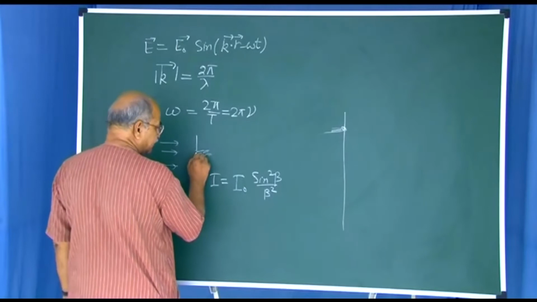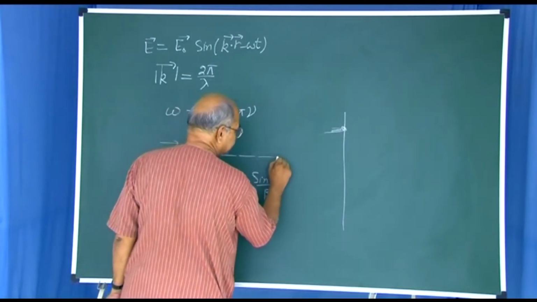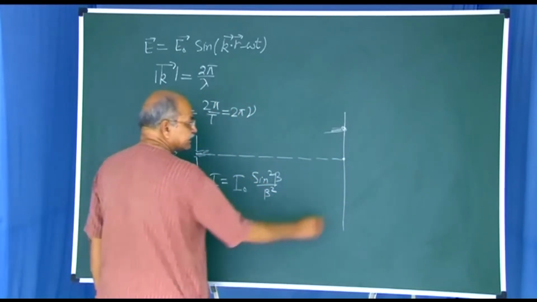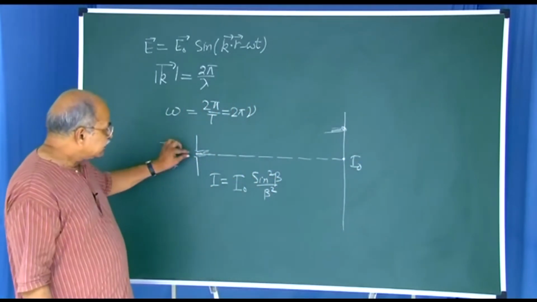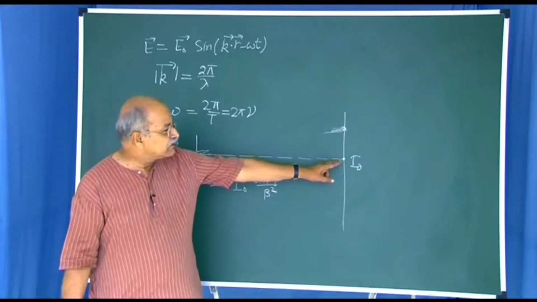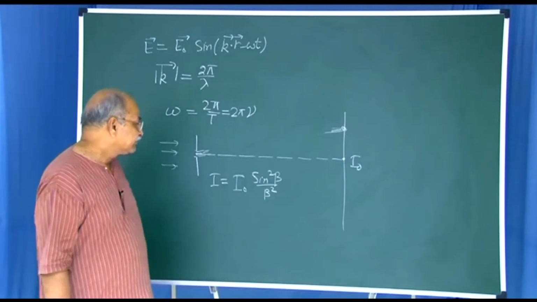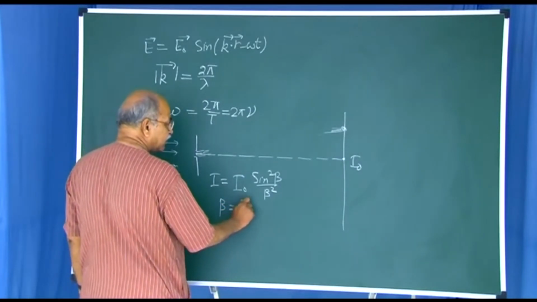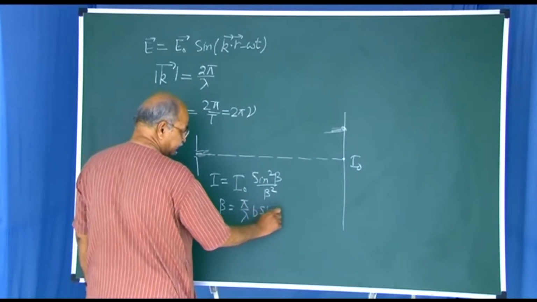If you take the symmetrical point on the screen, right in front of the center of the rectangular slit, the intensity there is I naught, and beta is pi over lambda times b sine theta.